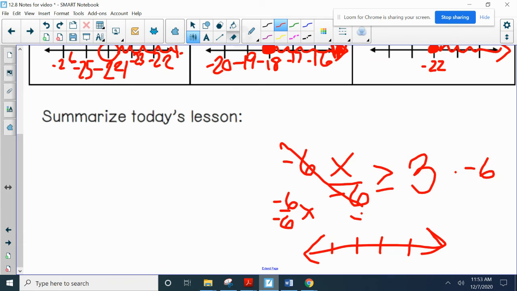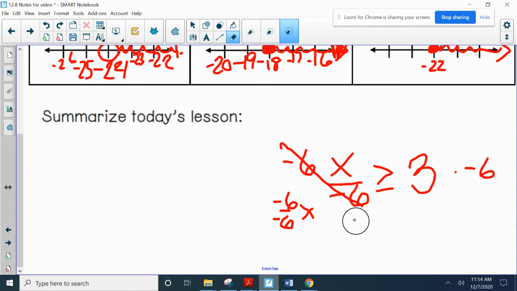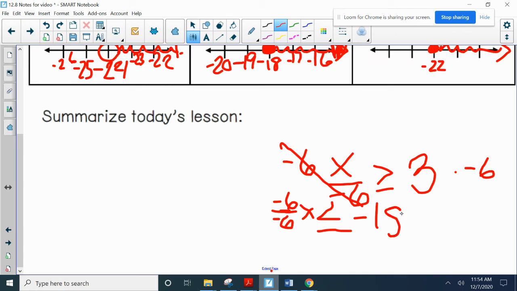We'll go ahead and do it like that first and then say that it's 1. So negative 6 over negative 6x, sign flips, less than or equal to 3 times negative 6 is negative 18. And like I said, that cancels to 1, less than or equal to negative 18, because 3 times 6 is 18, and a positive and a negative is a negative.